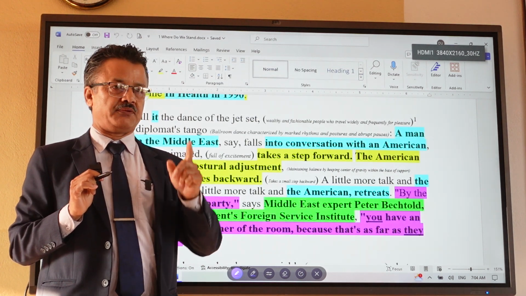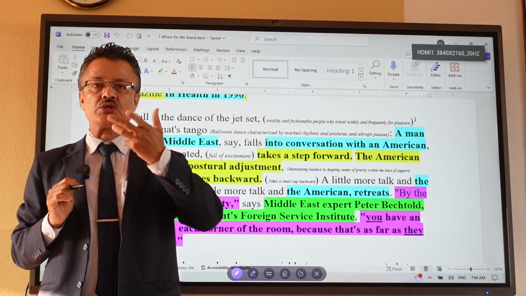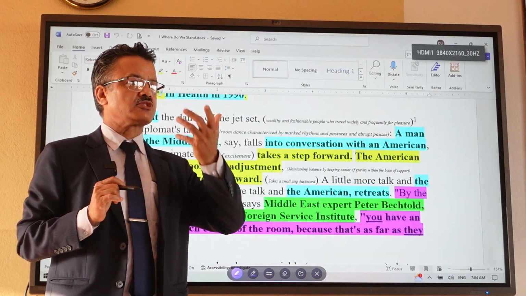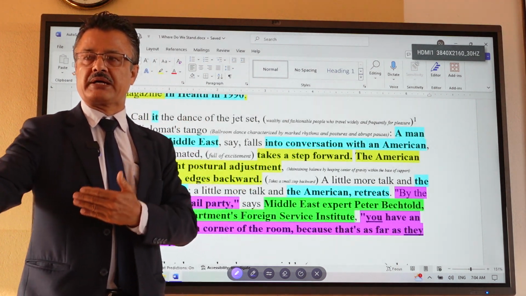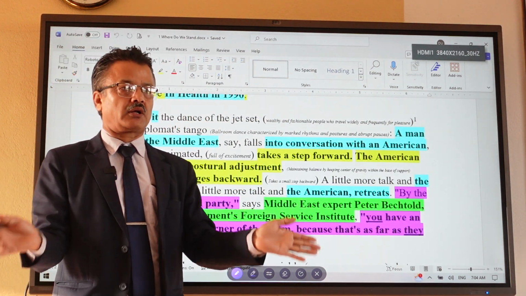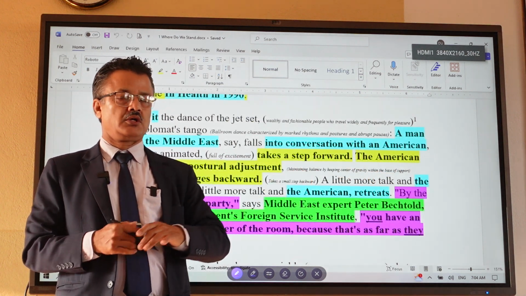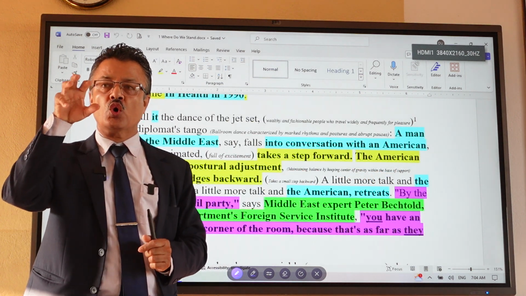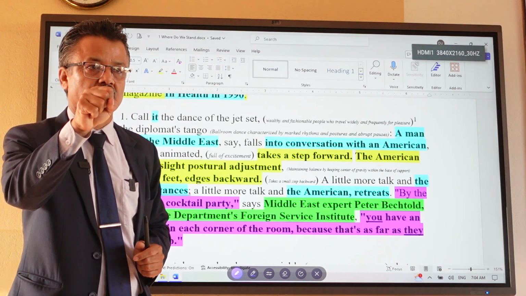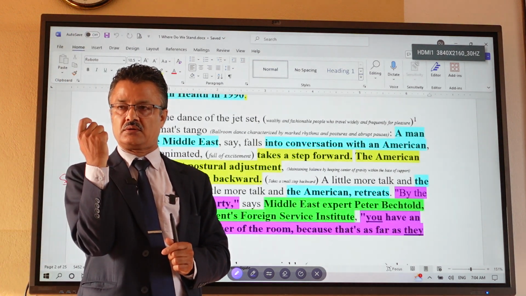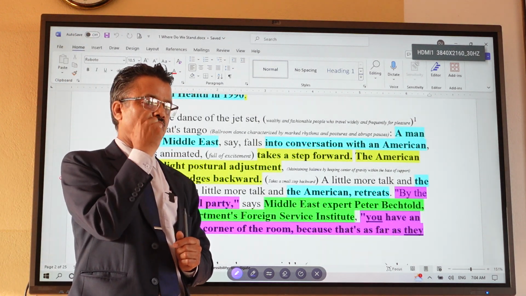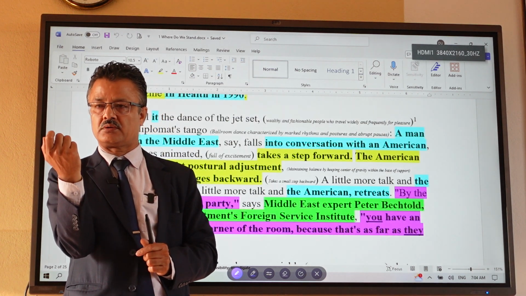Because if a reader loses their interest right in the beginning of the essay, they will close the book, they won't read it. So, in order to hook the reader's interest, I use the word hook, H-O-O-K, fishing hook.